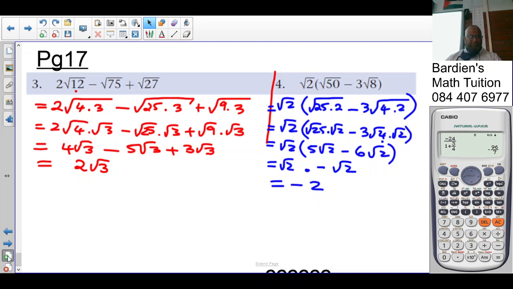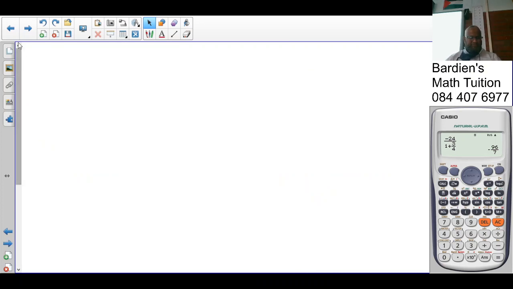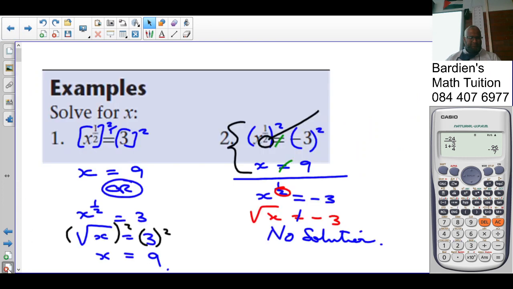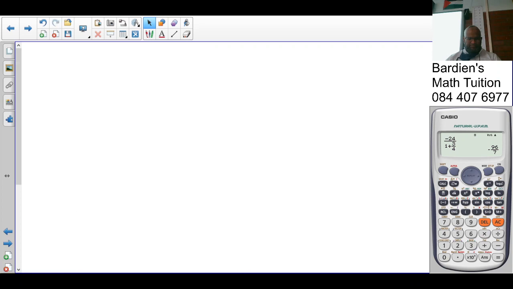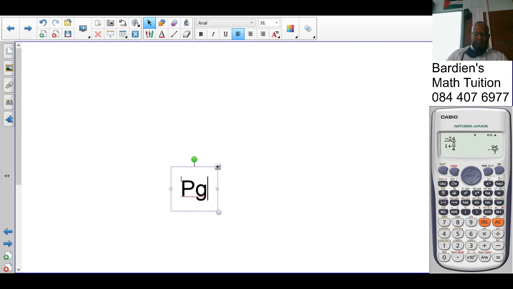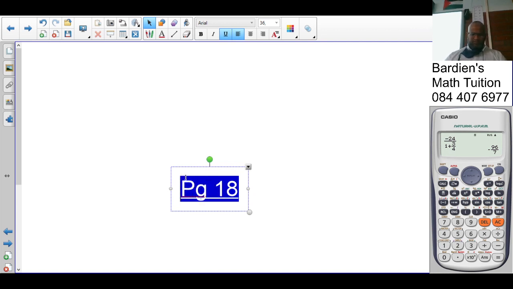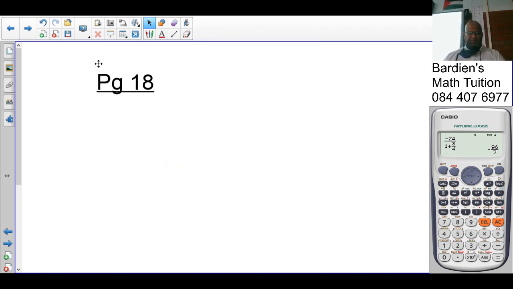So let's do example 5 and 6. It's on page 17, eh? 18.